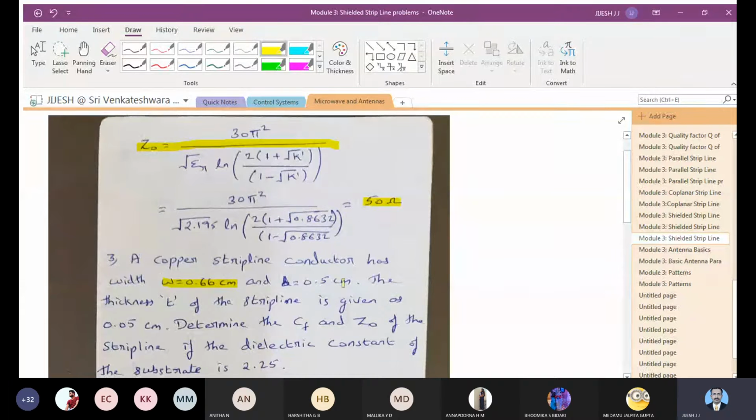The thickness T of the stripline is given as 0.05 centimeter. Then determine CF, the fringe capacitance, and Z0, the characteristic impedance of the strip line if the dielectric constant of the substrate is 2.25.